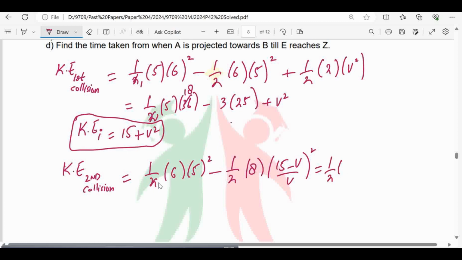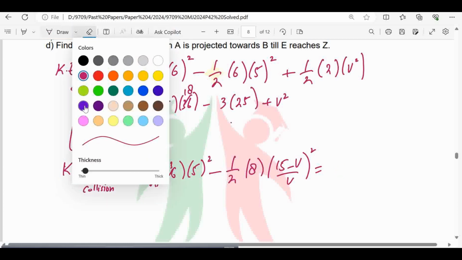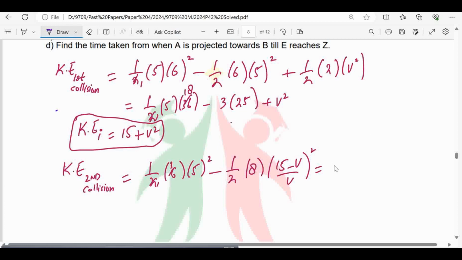Let me simplify it so that the calculation is simple. We will have 3 into 25 minus 4 into a squared.